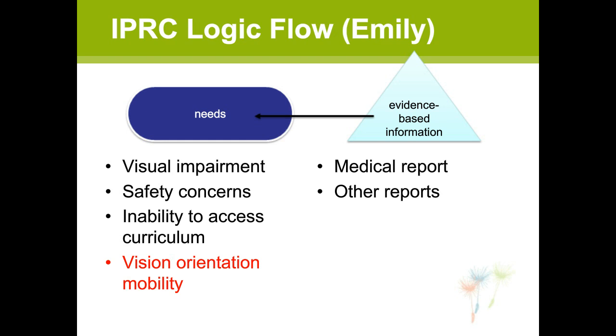Now, in red, it says vision, orientation, mobility. This refers to what often happens in education, where the three points above become truncated and telescoped into key words, often created through drop-down menus for how we create IPRC documents.